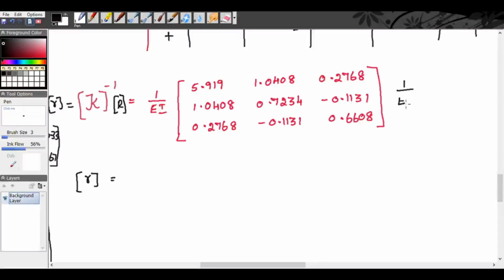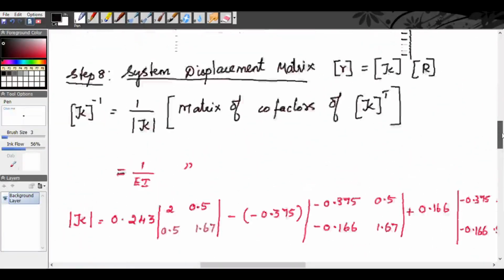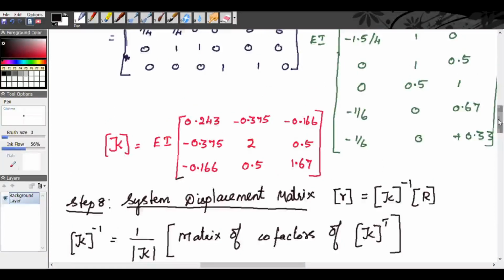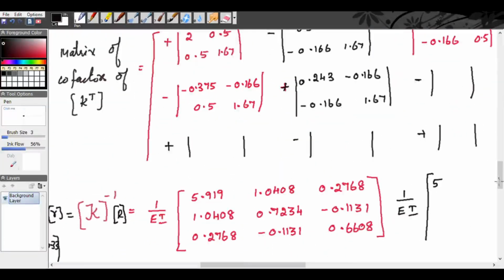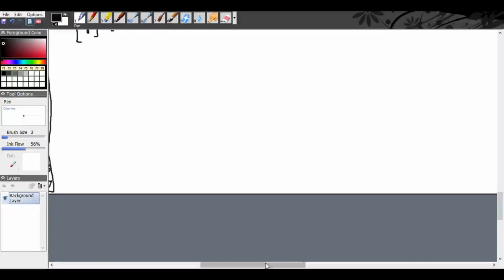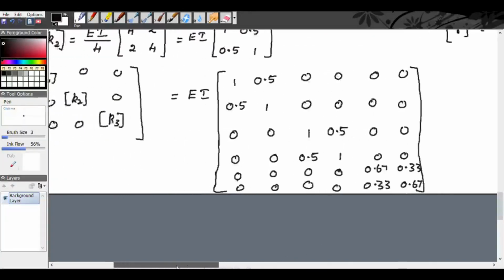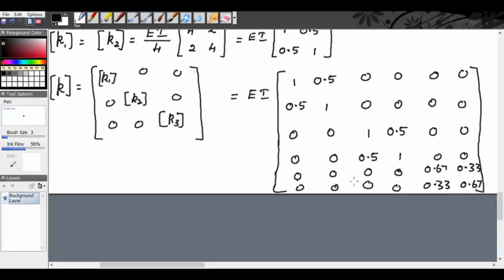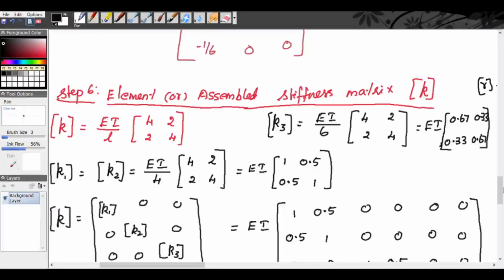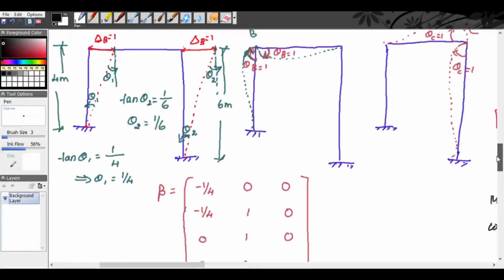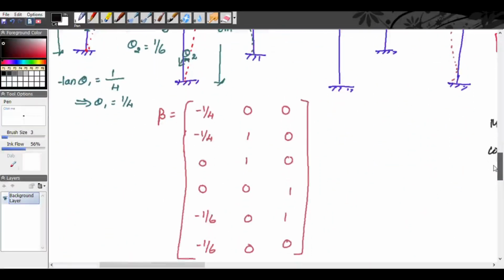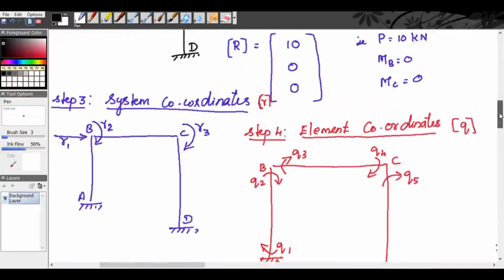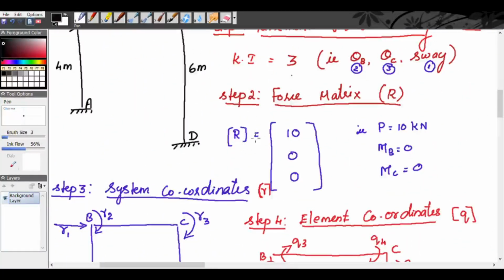Capital R is 1 by EI into, we have already calculated capital R. So where have we calculated capital R? The first step, right? Okay, that is our force matrix 10, 0, 0.